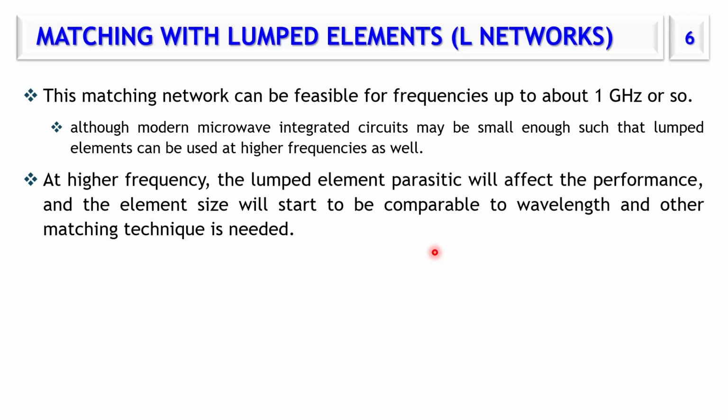Okay, so this matching network is feasible at lower frequency, up to 1 gigahertz or 2 or 3 gigahertz at most. The idea here is that lumped elements are not that desirable at higher frequency, because at higher frequency the dimension of the lumped component, the inductor or capacitor, would be comparable to the wavelength, and it will not act as a lumped element anymore.